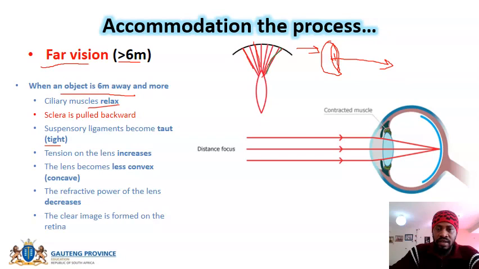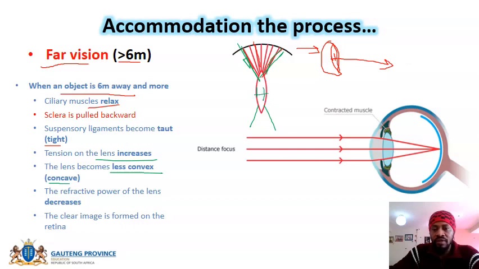You see, these ones are very straight, such that they will now pull on the lens from every direction. They will pull on the lens too much. Hence, the tension on the lens will increase. And since that happens, the lens will become stretched, or less convex, otherwise the lens becomes concave. And since it becomes concave, it has less water in the path of the light. Remember, the bending will be less.